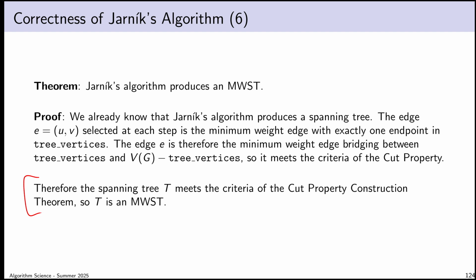Because of this, I am not going to bother writing out the full theorem containing a proof of correctness for the next two algorithms because it's going to be pretty much the same deal. The cut property construction theorem really is the kernel of that proof. The rest of it is just adapting the machinery of the algorithm to explain how the conditions of the cut property construction theorem are met.